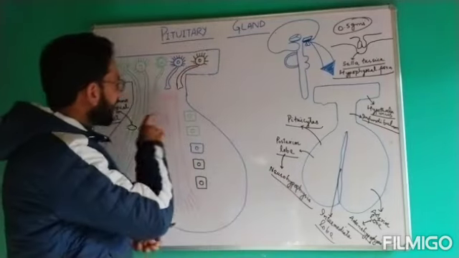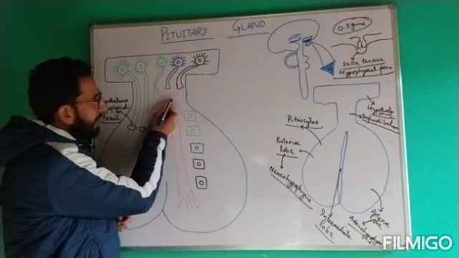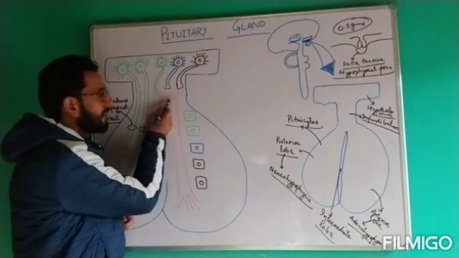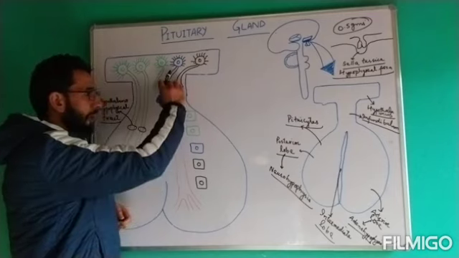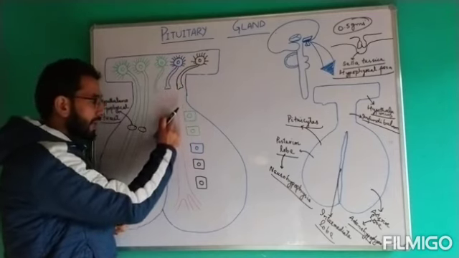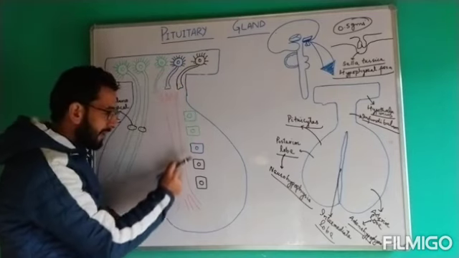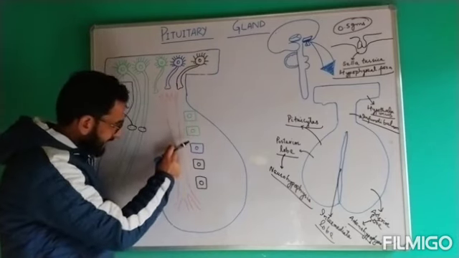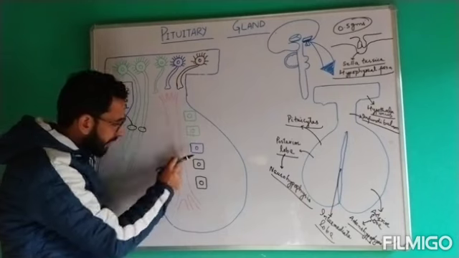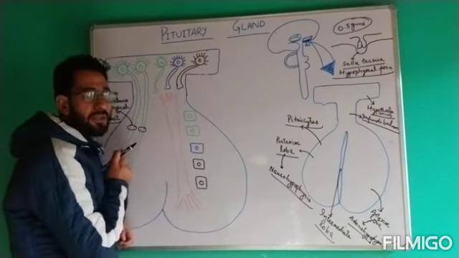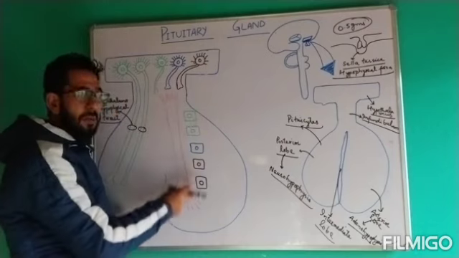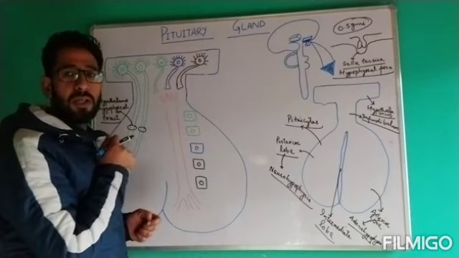Okay, so here we can see the capillaries which are there in the infundibulum, and from these capillaries, this blood goes into this blood vessel, which is a vein or a venule. Then after this vein or venule, this blood again goes into the capillaries. Fine, so this type of arrangement, this type of structure is called the portal system.